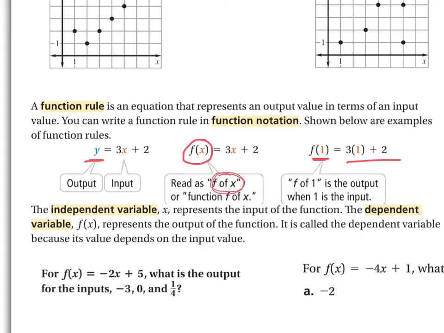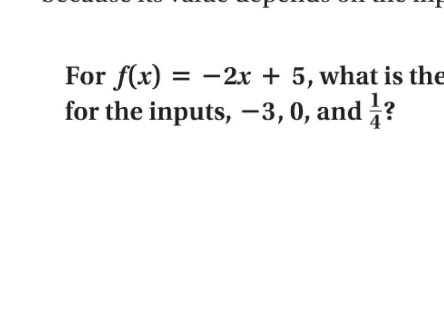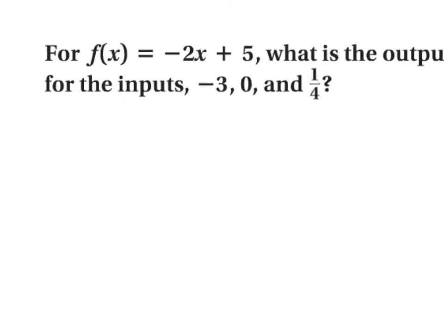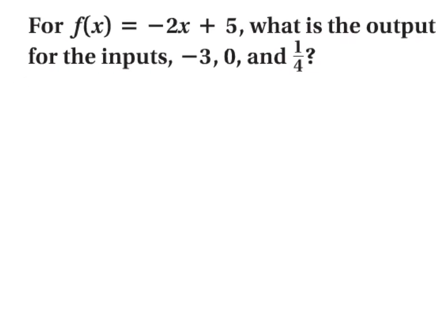So, for example, let's go ahead and look at this first guy down here. It says, for f of x equals negative 2x plus 5, what is the output for the inputs of negative 3, 0, and 1/4? So, we have our function, f of x equals negative 2x plus 5.